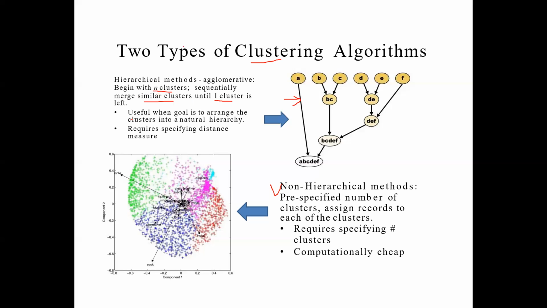It is useful when the goal is to arrange the clusters into a natural hierarchy, and it requires specifying a distance measure. Here, unlike k-means clustering, we are not required to mention the initial number of clusters. Step by step, we merge the clusters to form new sets of clusters.